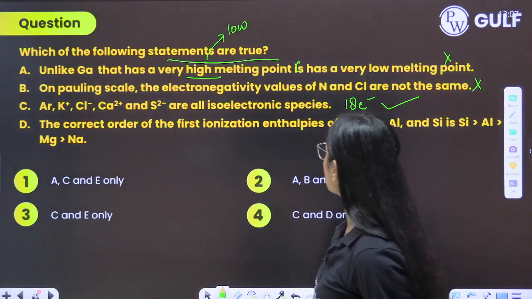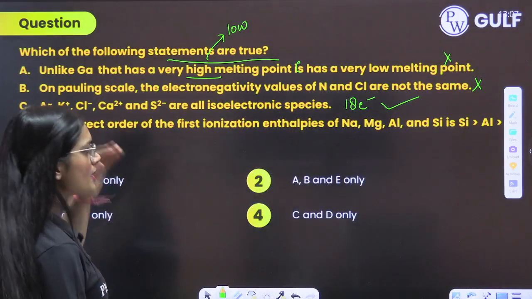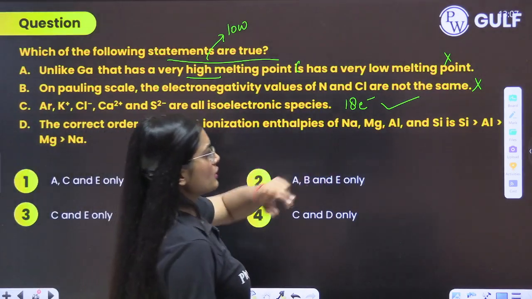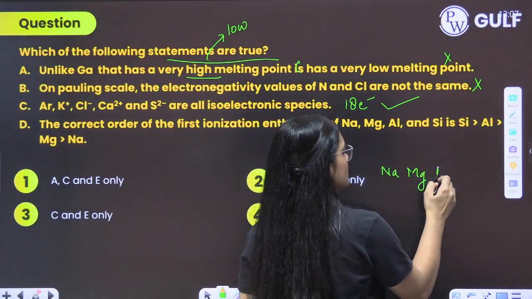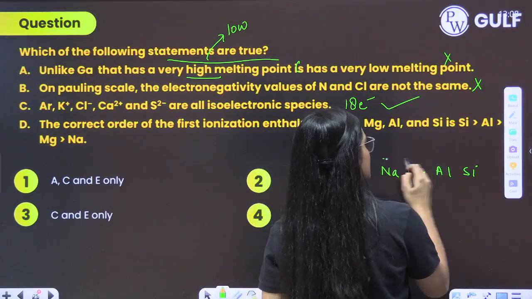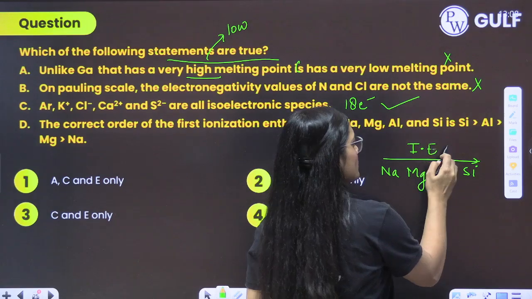Correct order of first ionization enthalpy of sodium, magnesium, aluminium, silicon is: sodium, magnesium, aluminium, silicon. Here, in a period, ionization enthalpy increases when we move from left to right.